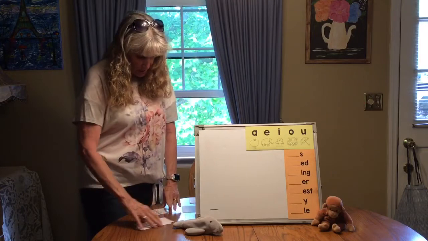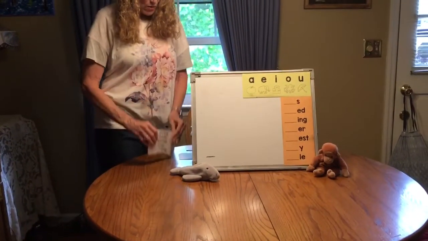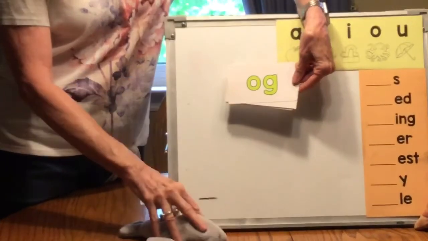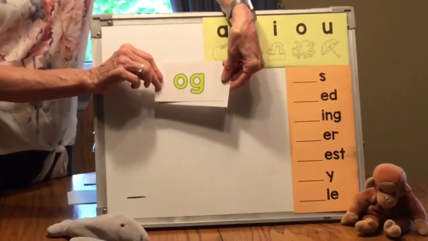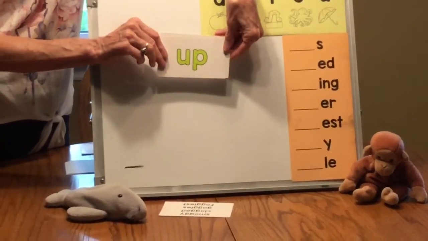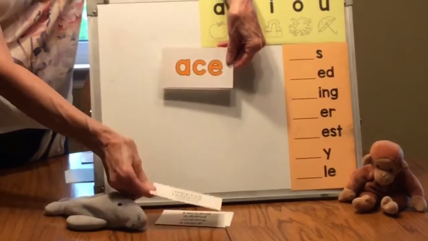All right, so let's go ahead and get started with our rhymes today. Remember, 3 times each. We are starting with our short vowels. Og, og, og. Up, up, up. Add, add, add.